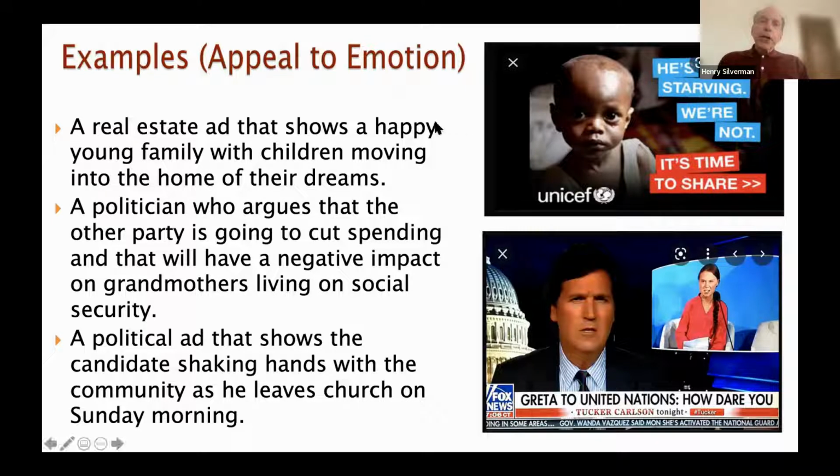And other types of ads: a real estate ad that shows a happy young family with children moving into the home of their dreams, a politician who argues that the other party is going to cut spending, and that will have a negative impact on grandmothers living on Social Security, or a political ad that shows the candidate shaking hands with the community church on Sunday morning.